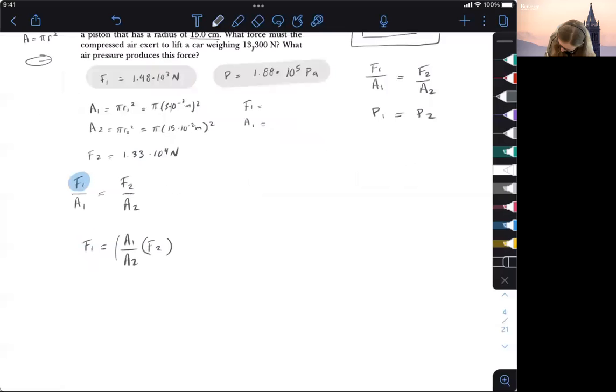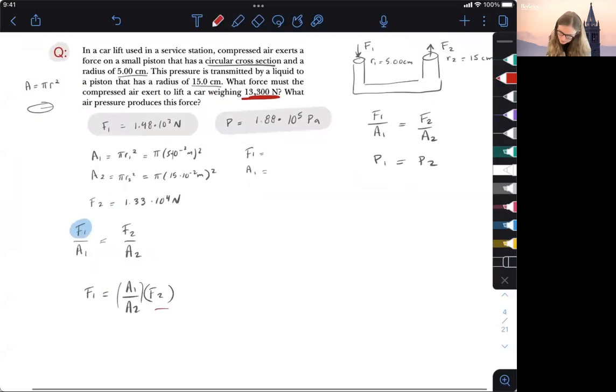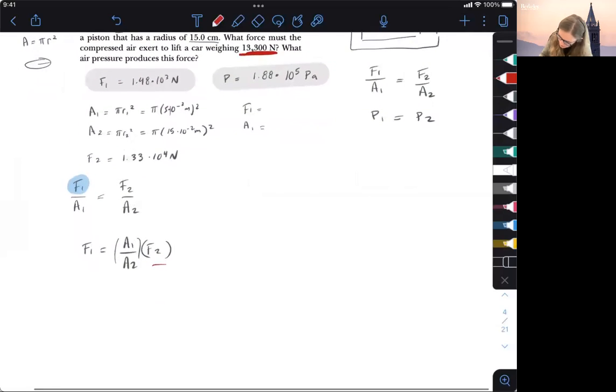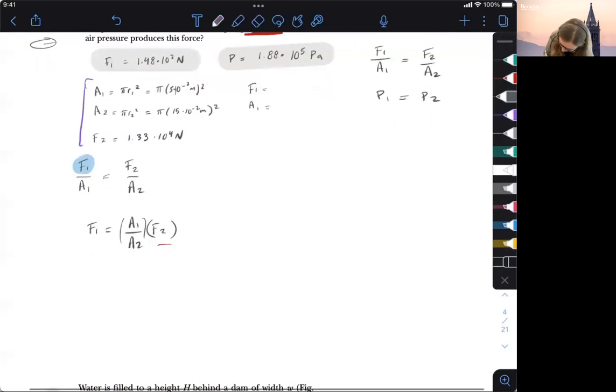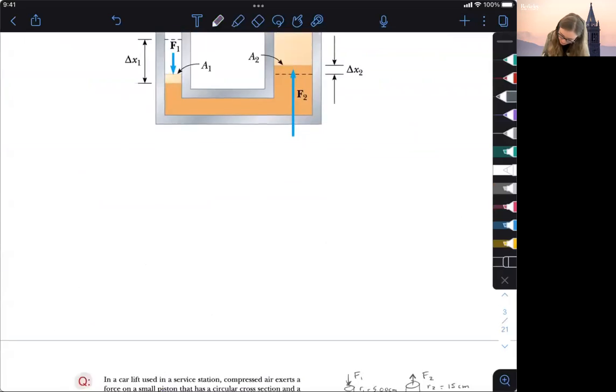So I'm given an F2 that I want to exert. My F2 is this. That's what I want to come out. And then I can find the circular cross section from the two radii. So if I plug in all of these numbers, my A1, A2, and my F2, my answer for F1 is going to be 1.48 times 10 to the 3rd newtons, what we put right up here.